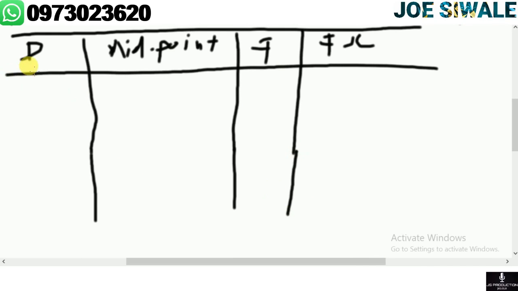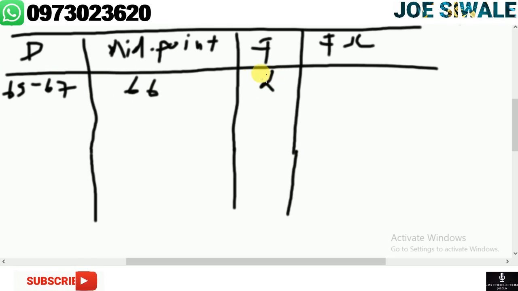So here our first diameter is 65 to 67, and the first thing you're supposed to find is the midpoint. We find the midpoint by adding these two numbers, then dividing by 2. So the midpoint will be 66, and the frequency of 65 to 67 is 2.